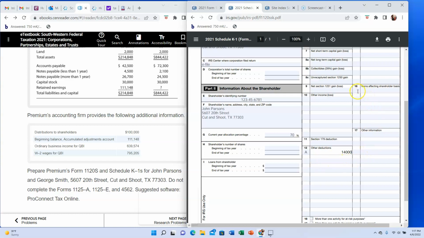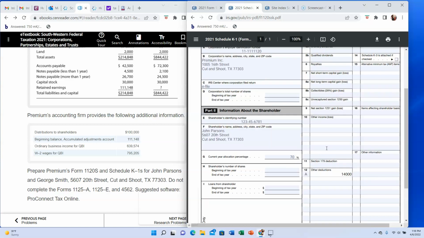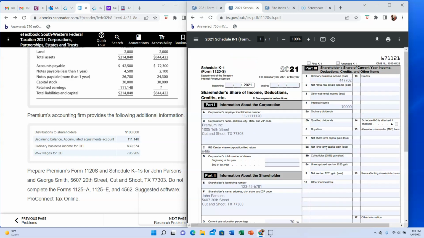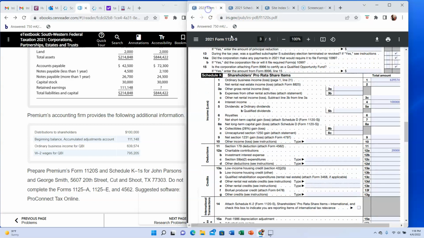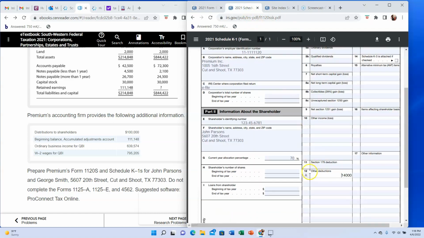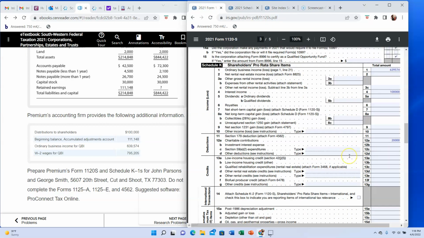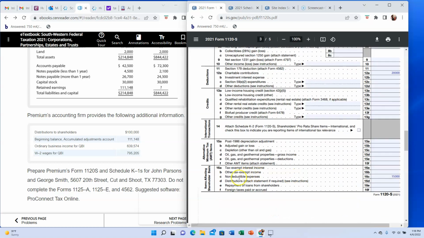Items affecting shareholder basis. And actually it comes from, if you look at Schedule K, everything ties. All right, so let me go to Schedule K. So 12A is the charitable deduction. So over here, it's other deductions, line 12 and A. All right, then we've got this items affecting shareholder basis, and it's 16C. You see that?